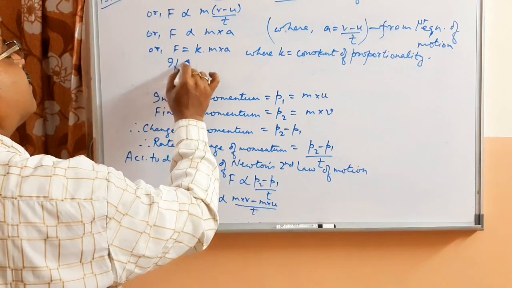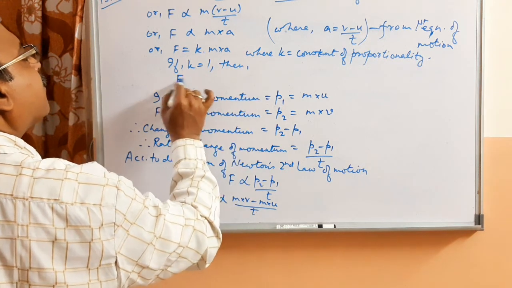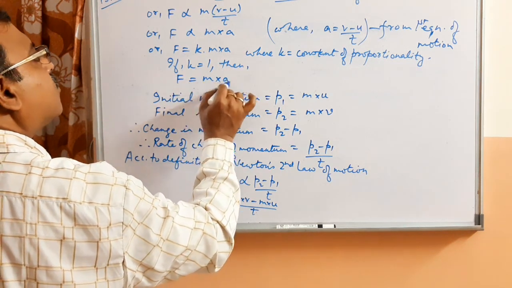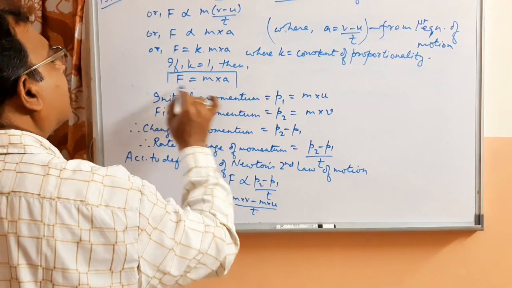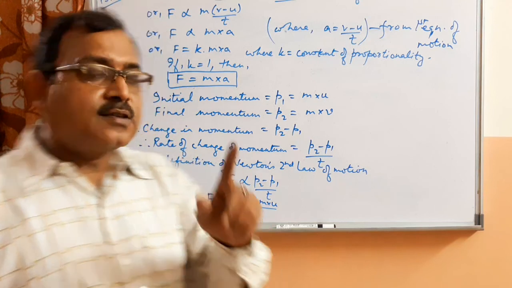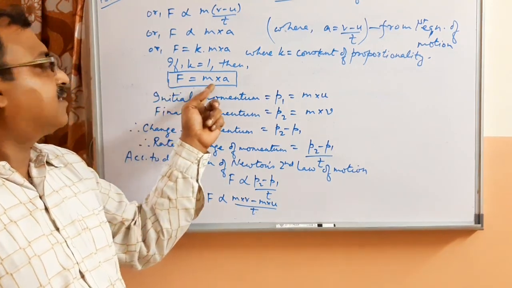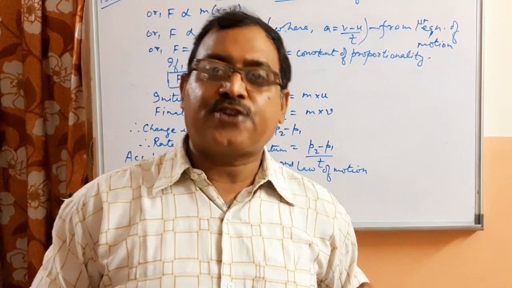Now if k is equal to 1, then F is equal to m into a. Right, children? So this is the formula which we get from Newton's second law of motion: F equal to mass into acceleration.